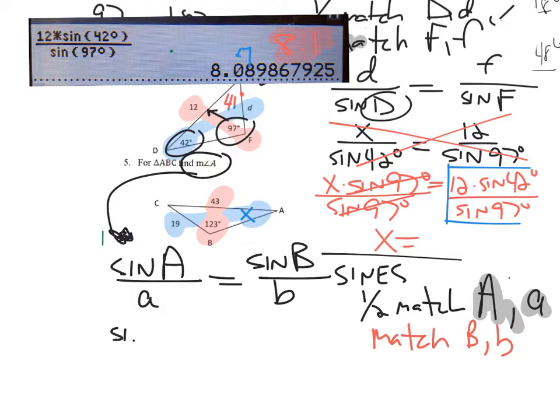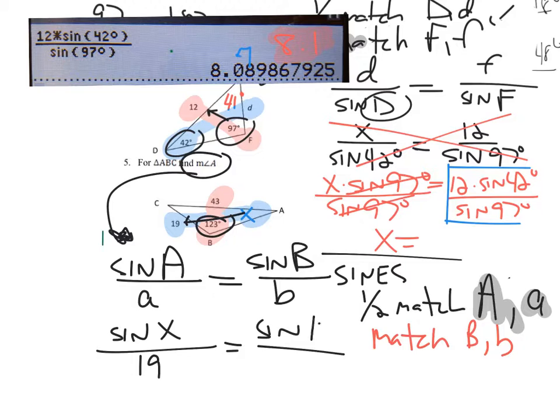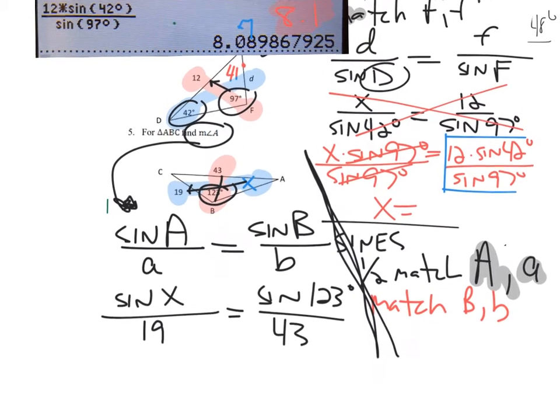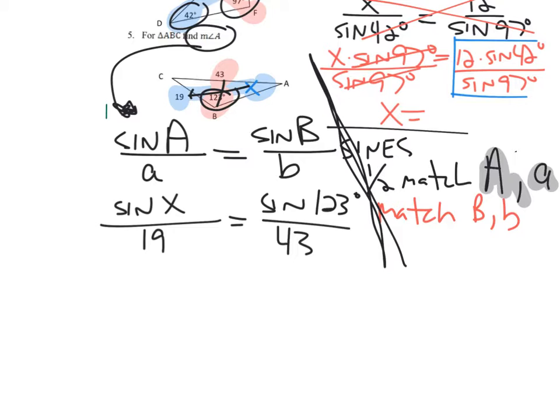So here I'm going to have the sine of angle A, which is what I'm solving for, so the sine of x over little a, which is 19. That equals the sine of angle B, so the sine of 123, over little b, which you're told is 43. So that's the equation that I'm going to use to solve for angle A. So I'm going to cross multiply.